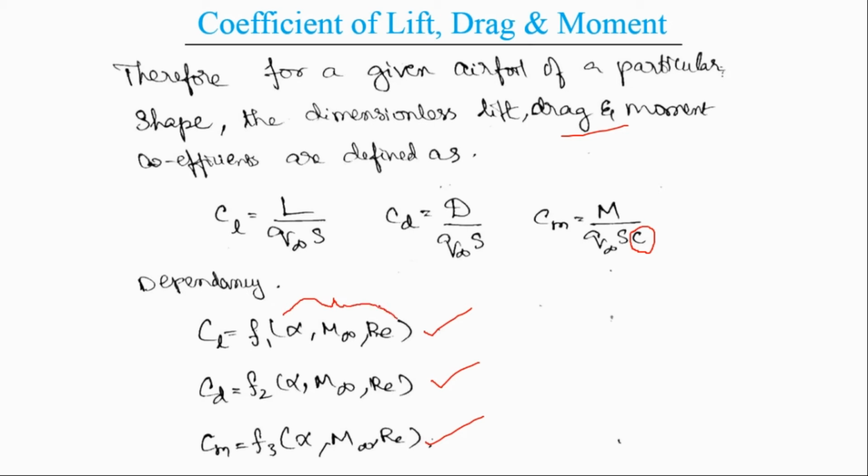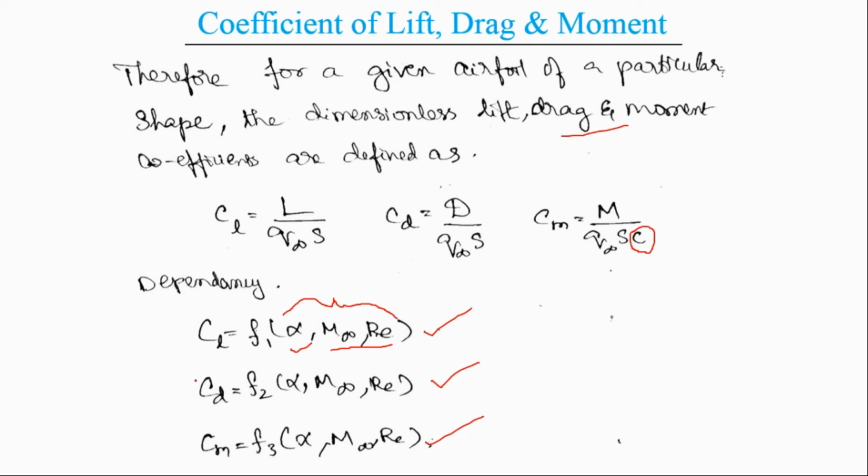In the previous case, we needed to take 6 different sets of data to understand the pattern or variation of lift. But here we are restricted to just 3 different data. If we require the pattern, we will first keep the Mach number and Reynolds number constant, vary the angle of attack, and obtain the CL value.